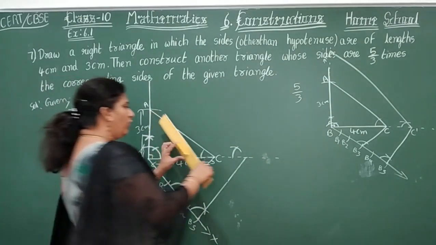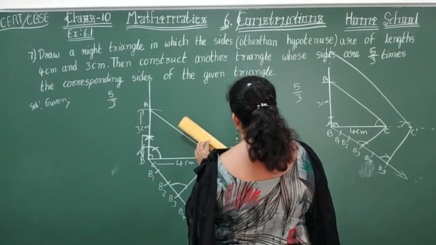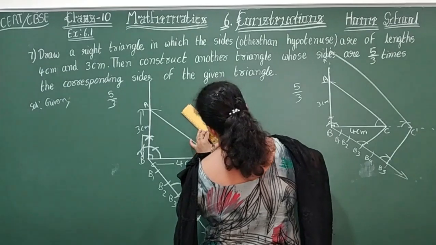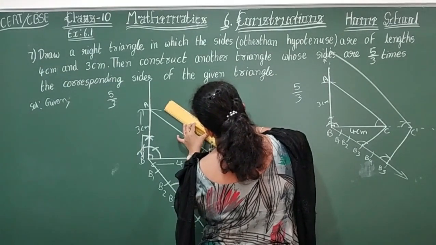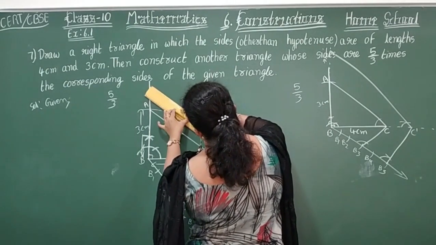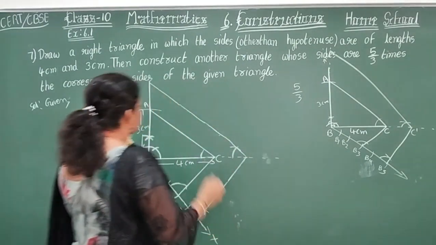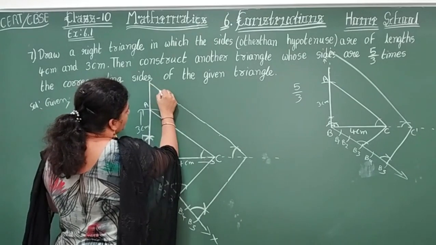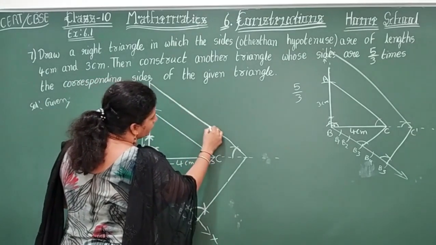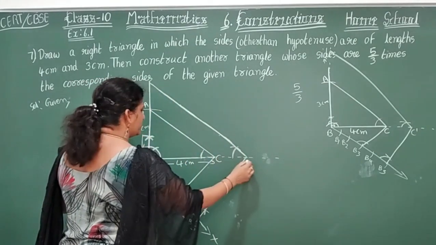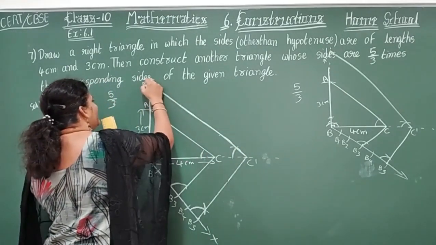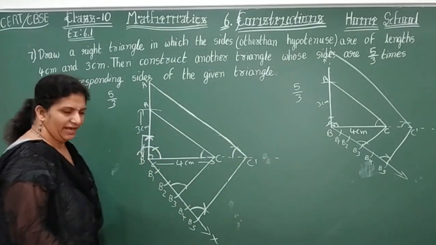Now, in order to join these two, so look here, observe here, children. It is a little difficult to draw on the board. So this one will be C dash, this one will be A dash.